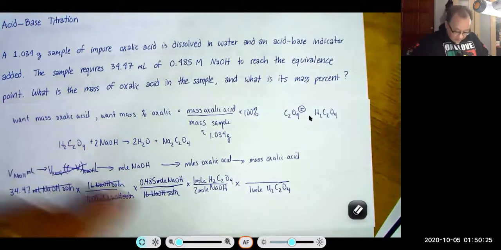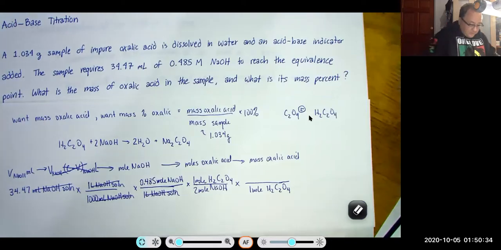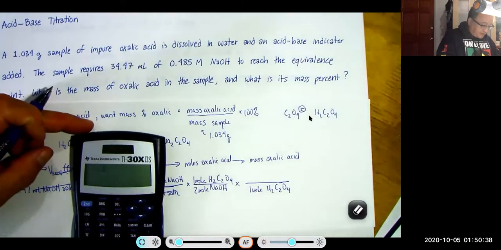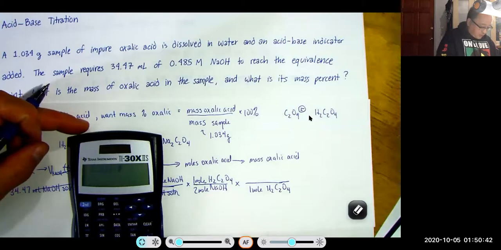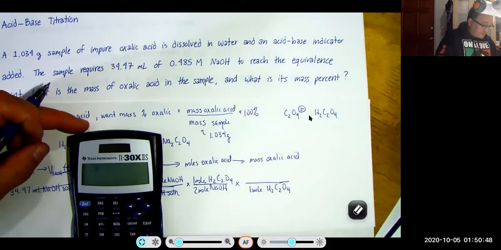So we have 2 hydrogens, which is 2.016 grams, plus we have 2 carbons, which is 24.02 grams, plus we have 4 oxygens, which is 64 grams.